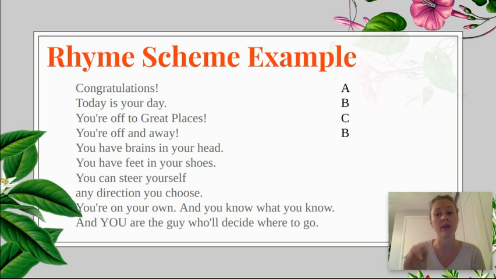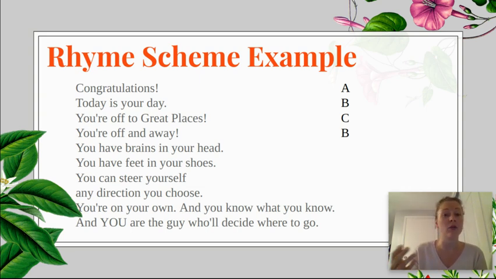So I would mark this A, B, C, B. Congratulations and places do not rhyme, but day and away do. So I would do A for congratulations, B for today is your day, C for you're off to great places, but then you're off and away. Away rhymes with day. I would mark that B. So the rhyme scheme so far is A, B, C, B for this poem.